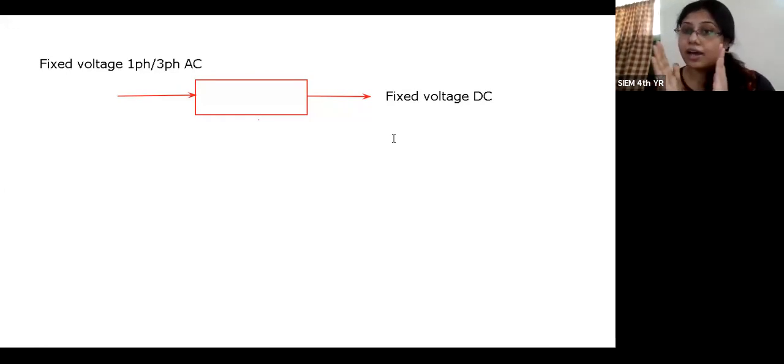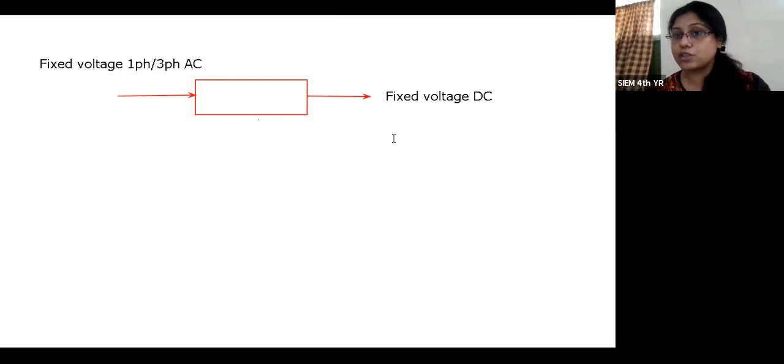Okay. We know the rectifier operation. A rectifier can change or rectify the signals, fixed voltage AC to variable voltage DC. That is the function of a controlled rectifier.